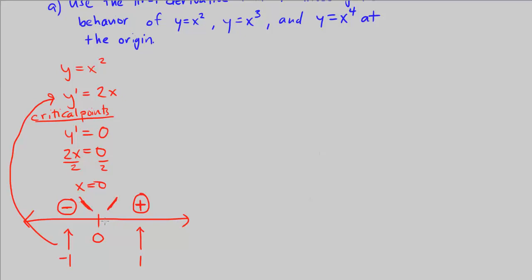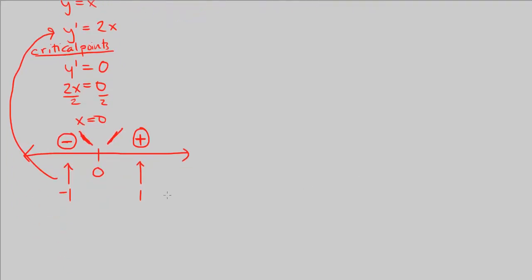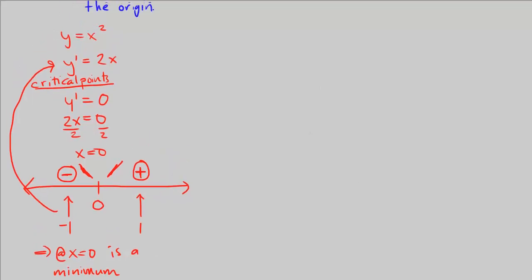So decreasing to the left of our critical point, increasing to the right, tells us that at x equals 0 is a minimum, and let's move on.